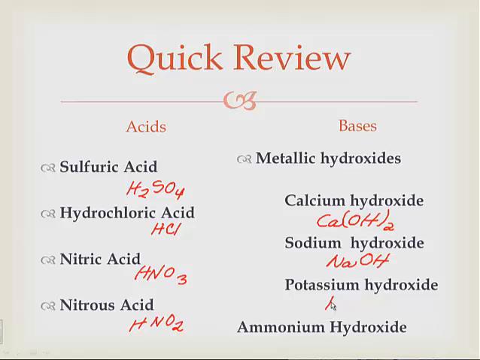Potassium hydroxide, KOH, plus 1, negative 1. And ammonium: this is not a metallic hydroxide, but nevertheless it is a base, ammonium hydroxide, plus 1, negative 1. Notice that all of these have the OH anion, and all of these contain hydrogen.